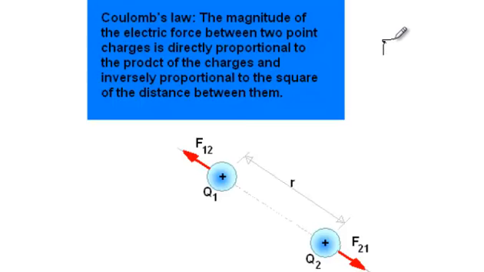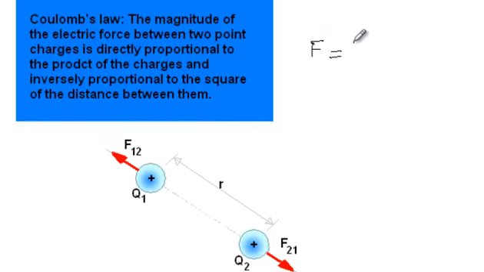So we can write this mathematically as F is equal to a constant K times Q1 Q2, which is the magnitude of the two charges, over R squared, where R is the distance between the centers of the two charges. And the value of the constant K depends on the choice of units.